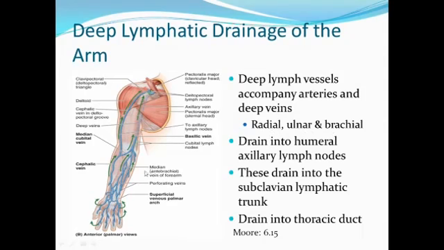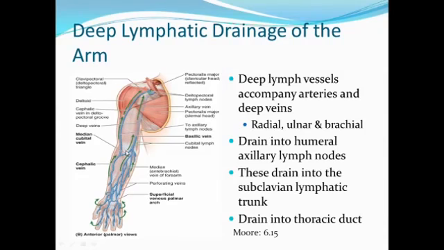So we can not see them on this image. It's again just a superficial diagram, but we would expect to find the radial artery and veins running along the lateral aspect, and the ulnar artery and veins running along the medial aspect shown here, and the brachial artery and vein would be right along the midline of the forearm.